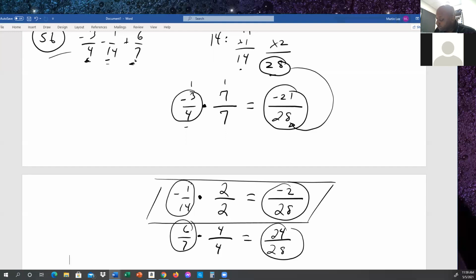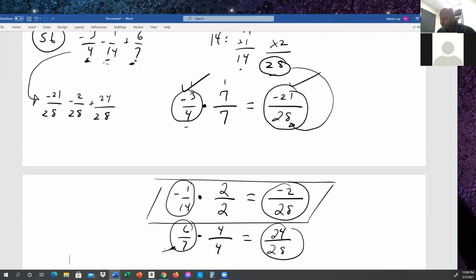So now we can rewrite this problem, but instead of using -3/4, I can use -21/28, because this fraction and this fraction are equivalent fractions. And instead of using -1/14, I can use -2/28. And then instead of 6/7, I can use 24/28.